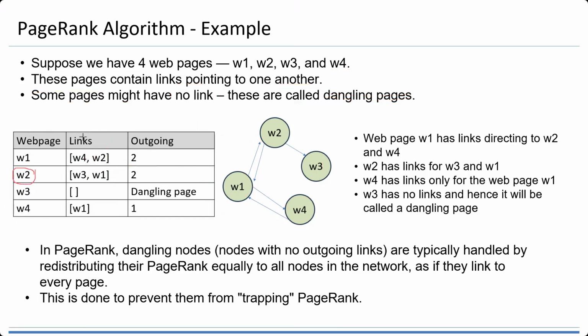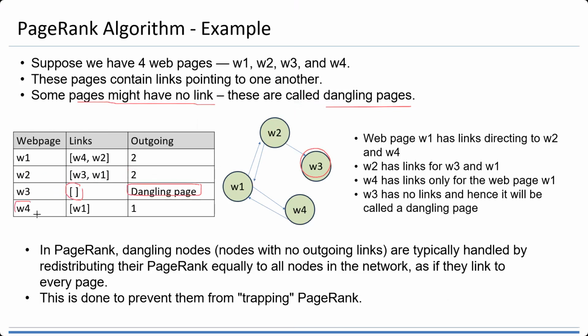W2 has 2 links. It can go to W1 and it can go to W3. Then the outgoing is 2. W3 has no link. Some pages might have no link. We call these dangling pages. Because there is no link, we call this a dangling page.